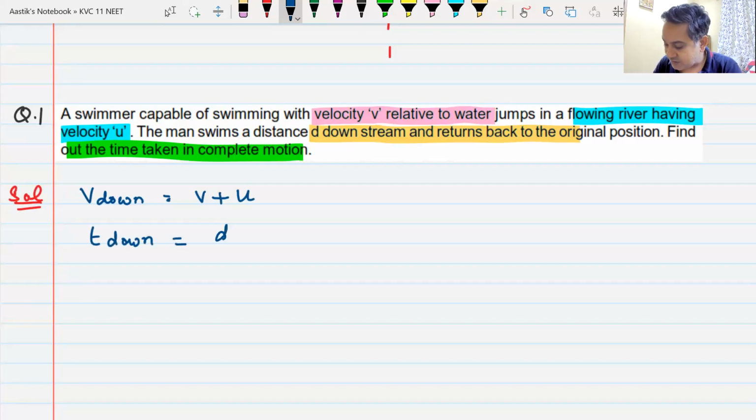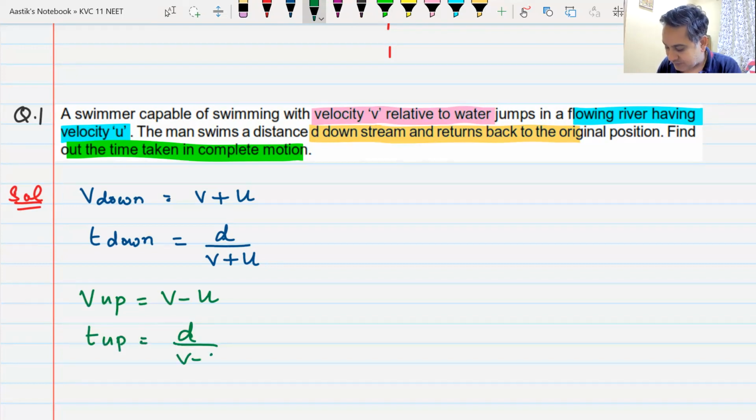The distance is d, so d divided by v plus u. Let us talk about the upstream. Velocity upstream will be v minus u. So time taken upstream will be d upon v minus u. I hope all of you understand this. Yes or no?